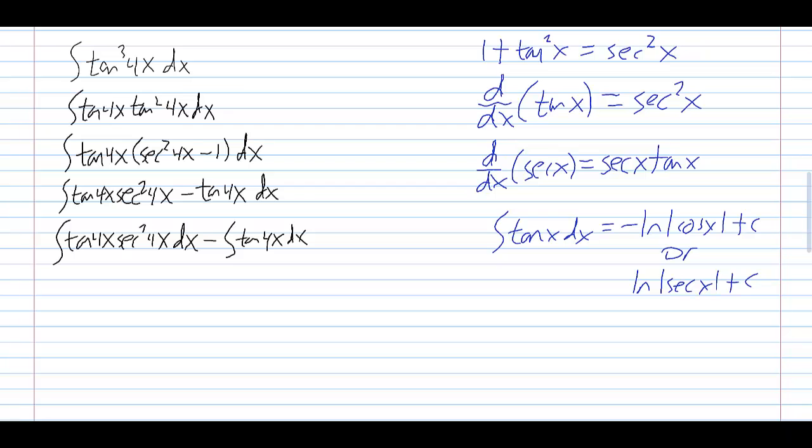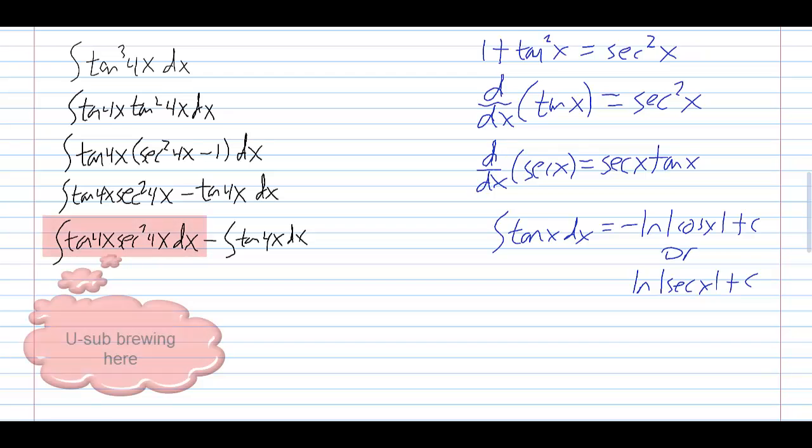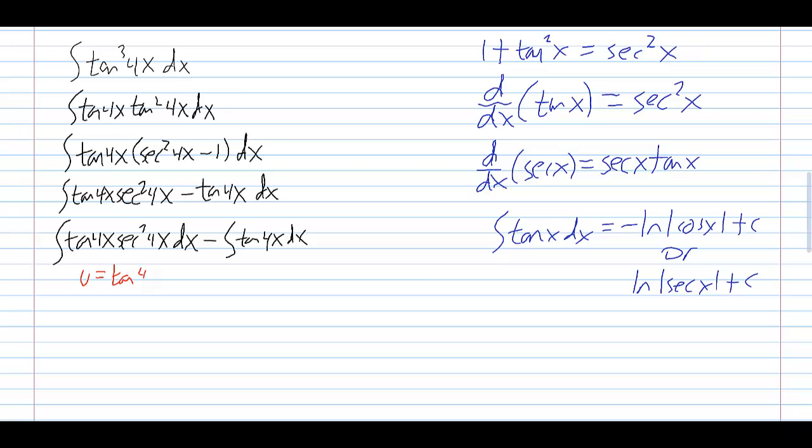The first integral shouldn't be too much problem either if we just look at it as a basic u sub. u is tangent 4x, and then du should be 4 secant squared 4x. u goes in for the tangent 4x, and your secant squared 4x dx is taken care of by 1/4 du. And yeah, we'll put the 1/4 out front. And we've already talked about how this last integral is going to be a piece of cake.